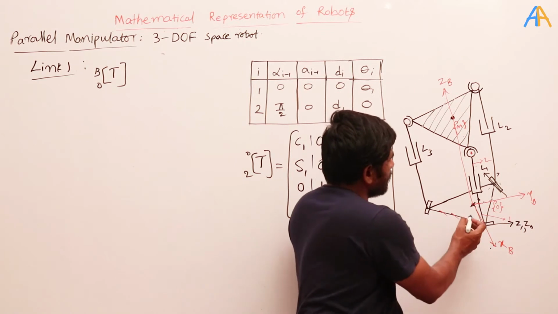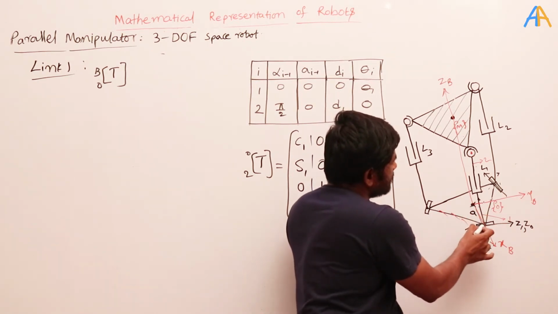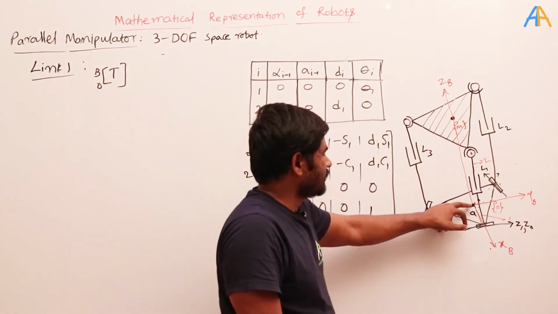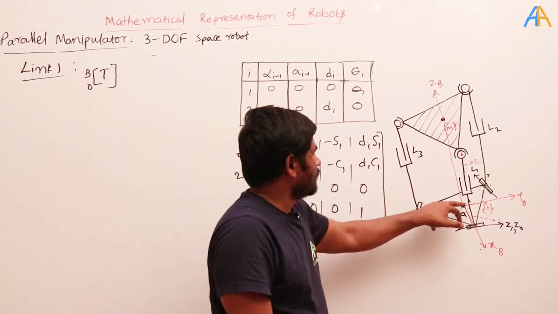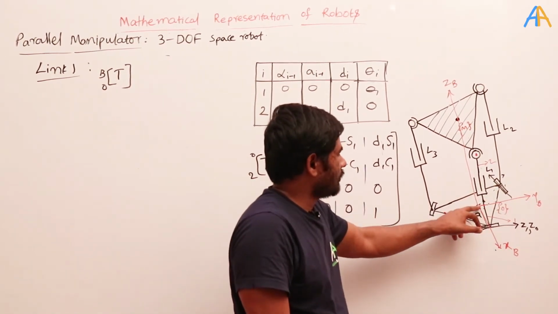So what I do is I first translate along the x-axis, and I choose this distance as a. Why? Because this is an equilateral triangle. So I have chosen the value a, which is equal from here to here, and from the origin to another revolute joint, and from here to here.